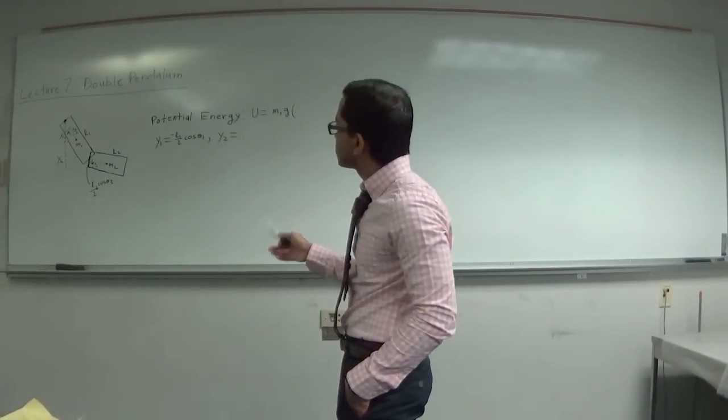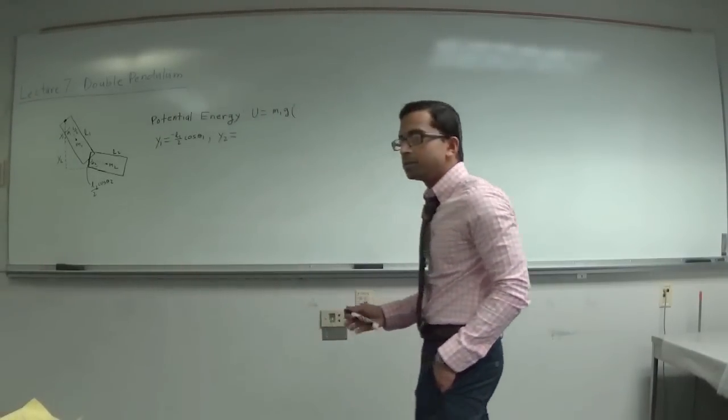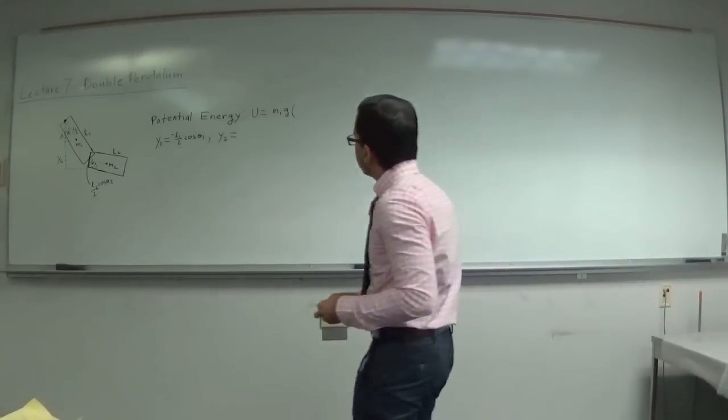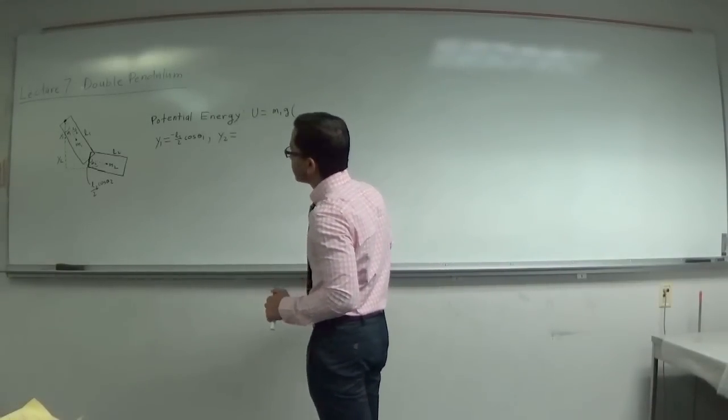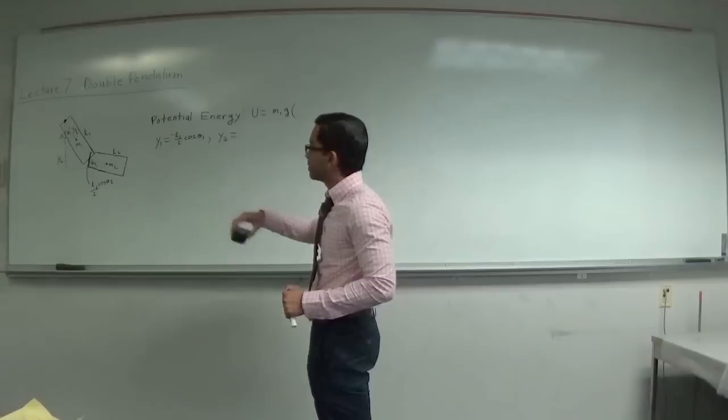But we can define it slightly differently. So instead of doing it the way I did it, let's go ahead and do it the way we've been doing it and define our potential energy from the equilibrium position.